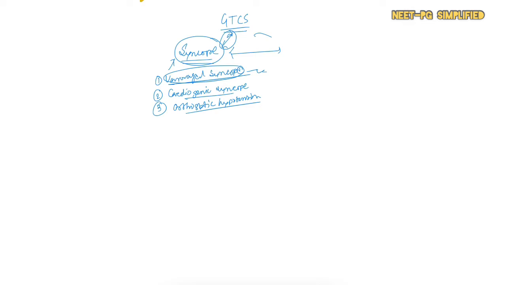So the points will be: number 1, there will always be a precipitating factor, and usually it is an emotional one. Number 2, there will be premonitory symptoms.